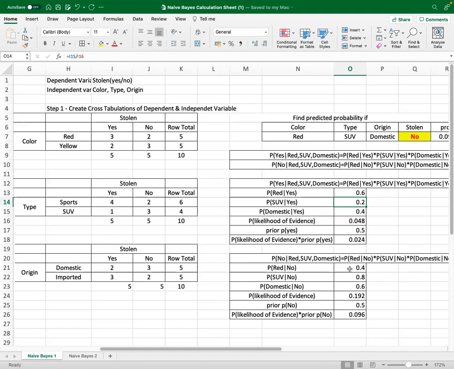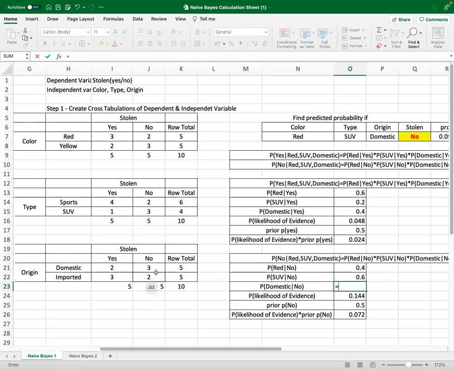Okay, we'll have to calculate freshly. Red and no, 2 divided by 5, right? This is correct. SUV and no, 3 divided by 5, 0.6.